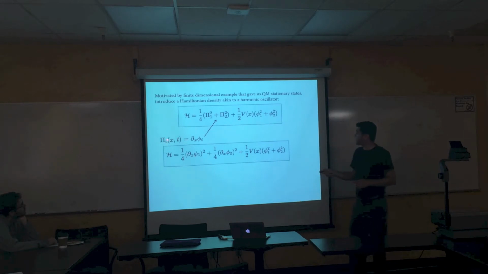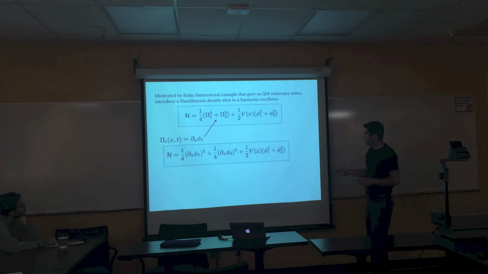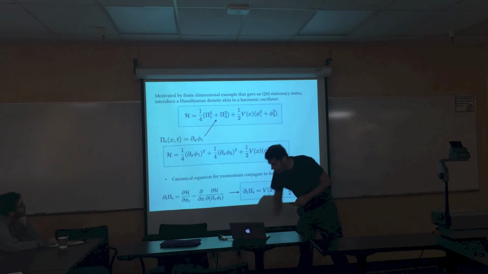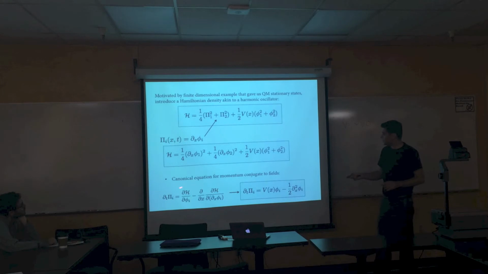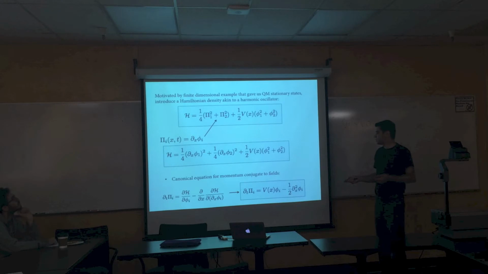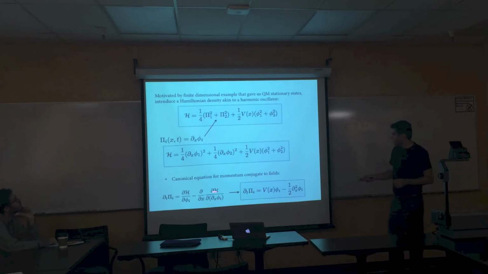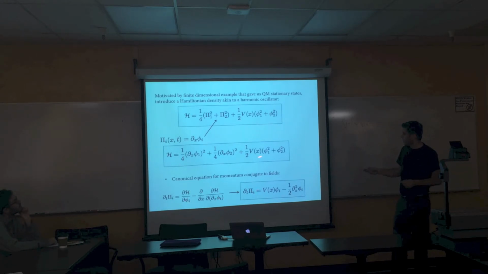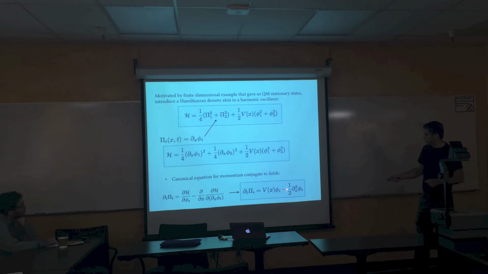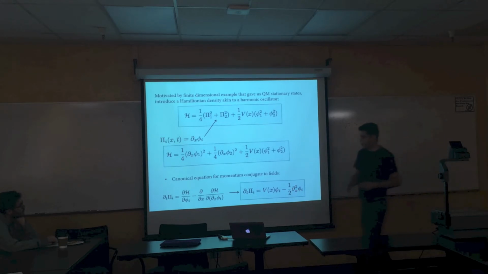Because these canonically conjugate momenta are partial derivatives, all I have to do is plug them in, and I get this Hamiltonian density. And the next step is to apply these, I don't know what you call them, Hamiltonian-Lagrange equations, and find that the partial derivative with respect to phi gives us phi times V, and then the partial derivative with respect to the derivative of phi, differentiated again with respect to x, gives us the negative second derivative of phi with respect to x.